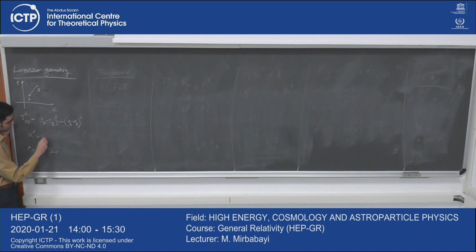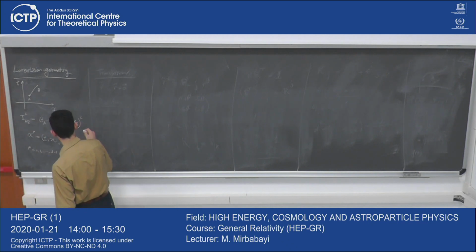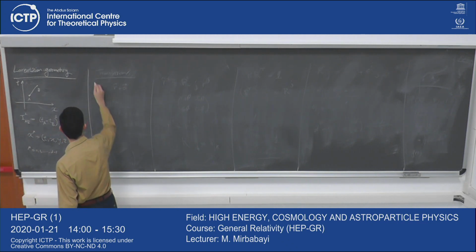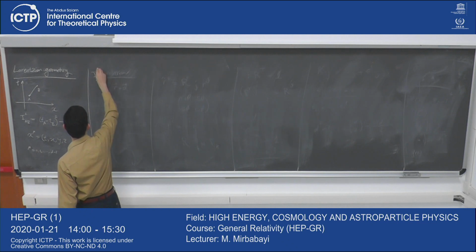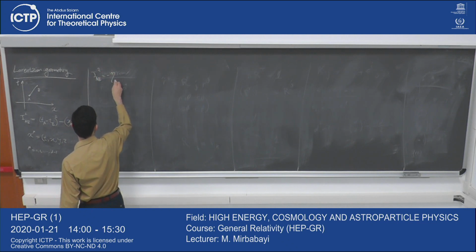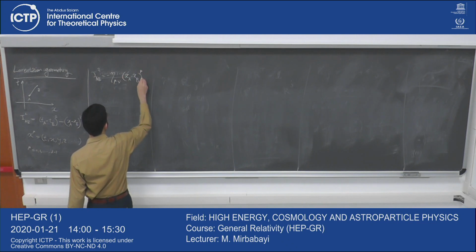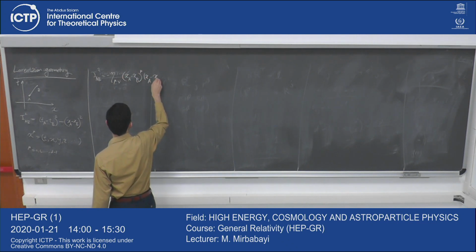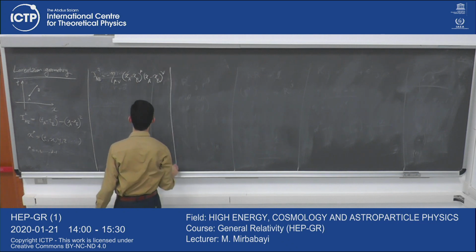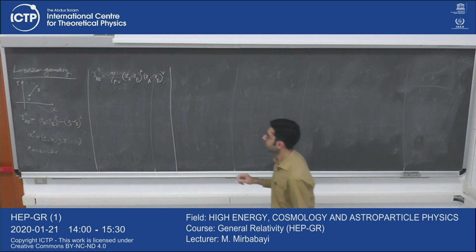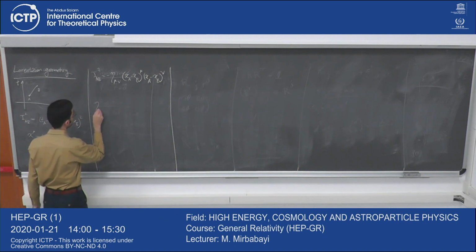So x^mu can denote t, x, y, z, etc. Then in this matrix notation, the interval squared is minus eta_mu nu (x_A minus x_B)^mu (x_A minus x_B)^nu, where eta_mu nu is called the Minkowski metric.